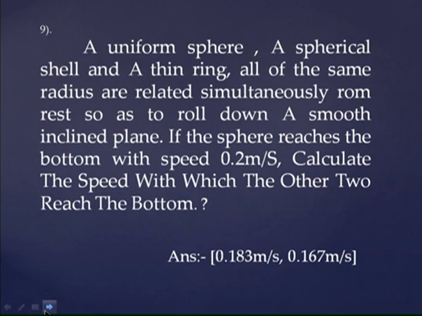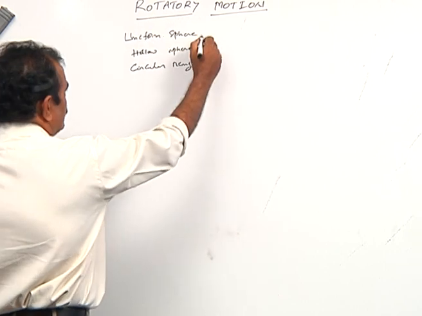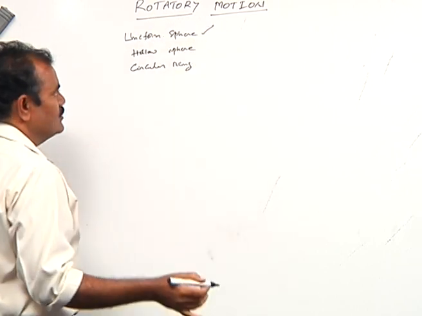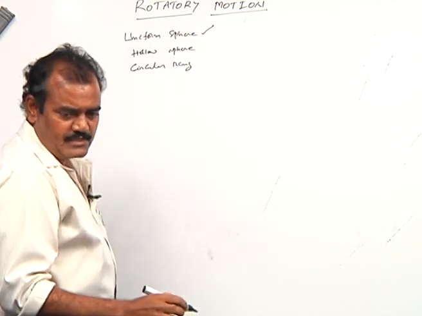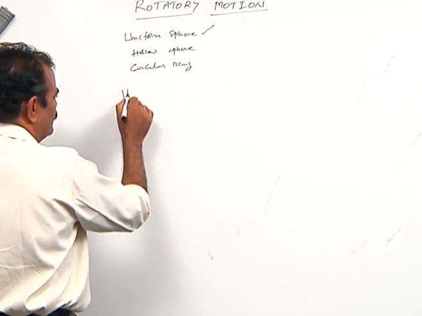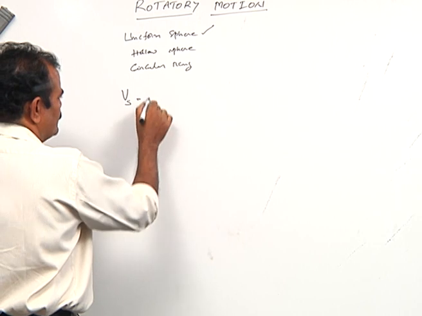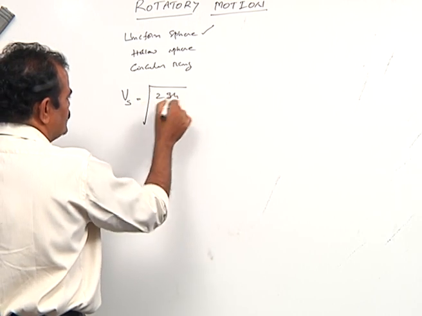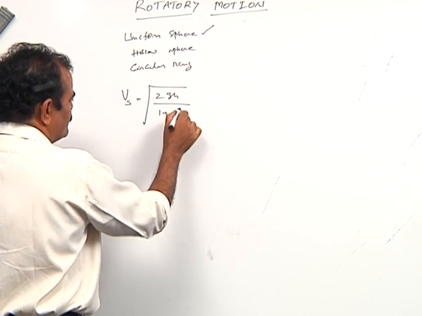If a sphere reaches the bottom with a speed of 0.2 meters per second, so we are coming to this sphere only. A sphere reaches the bottom with 0.2 meters per second. Already we know the general formula, not only for the sphere but for any rolling body down an inclined plane: v is equal to square root of 2gh by 1 plus k square by r square.